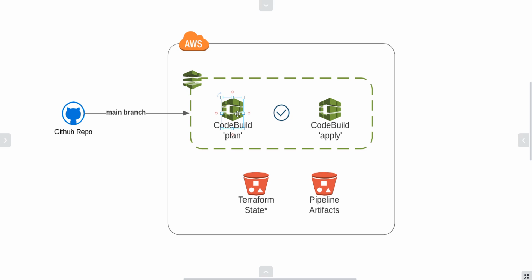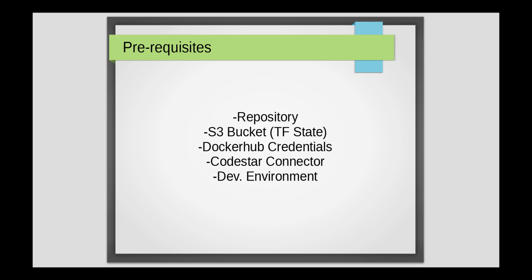The first phase will run Terraform plan. The second phase will run Terraform apply. There's an optional approval stage which you can choose to put in. And then there's the Terraform state S3 bucket, which is marked with a star because we need to create this one manually.